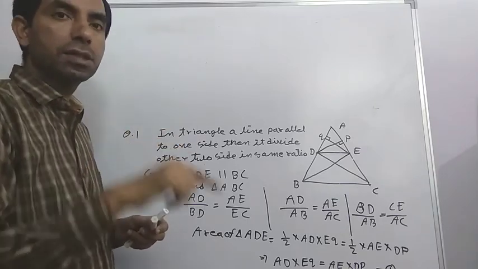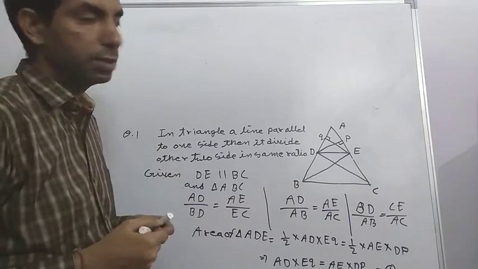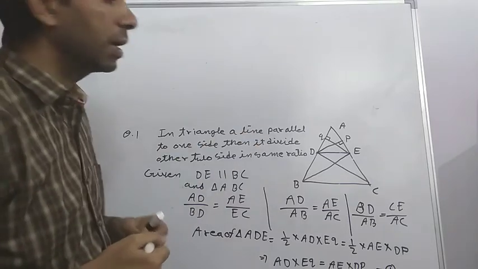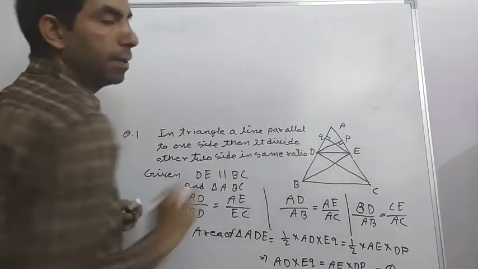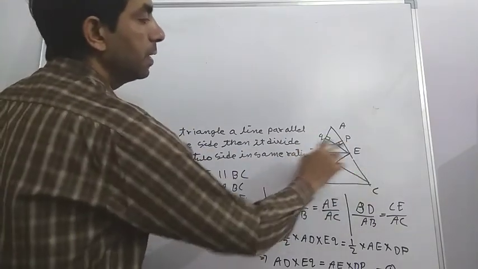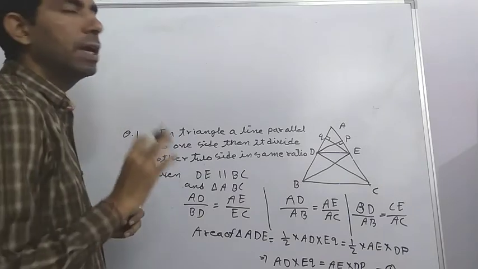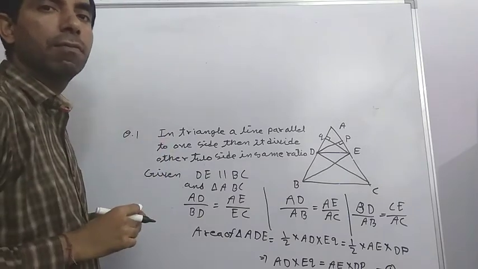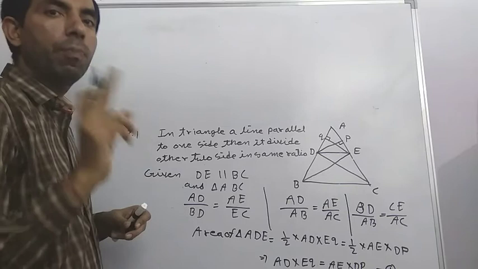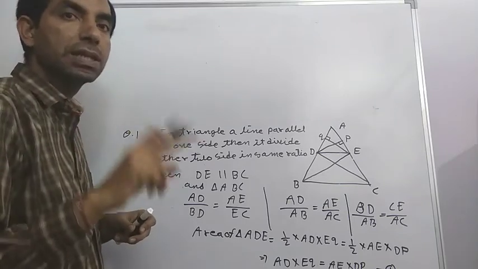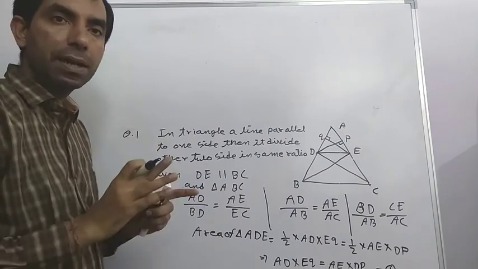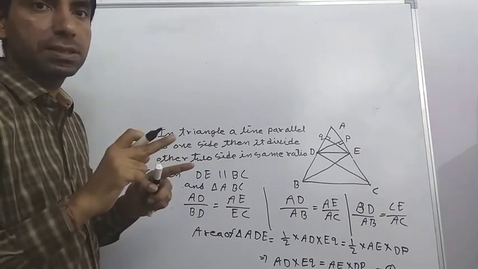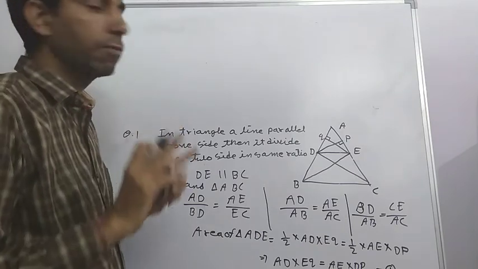Now we join the intersection points to the opposite vertices. Then we also get two triangles, triangle BDE and triangle CDE. We have learned previously that triangles between the same parallel lines on the same base have equal area.